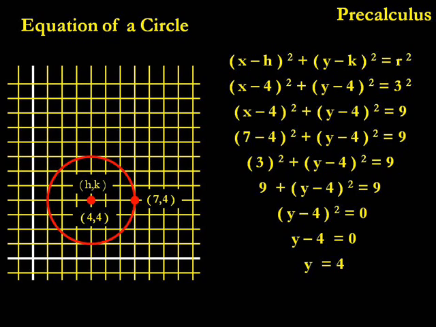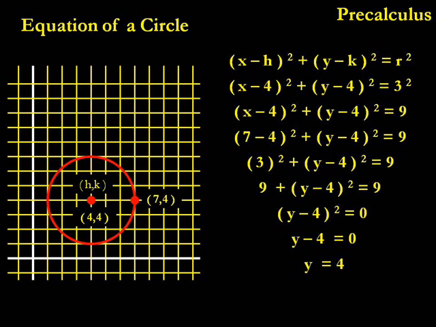The 4 and the 4 go in where the h and the k are, so that you get x minus 4 squared plus y minus 4 squared equals 3 squared. And the 3 again comes from that being the distance between the 2 points. One point is at 4, 4 and the other point is at 7, 4. That gives you the 3 squared being a 9.